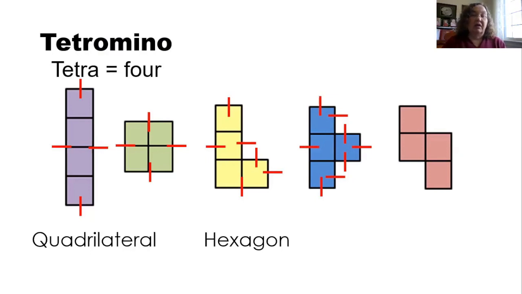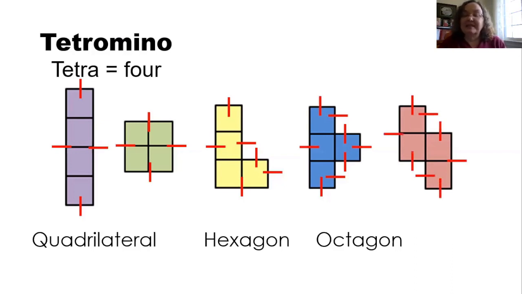Ooh, what did we call an 8-sided figure? We called it an octagon, reminding me of the octopus. This last figure, what do you think? How many do you think it has? Let's count. 1, 2, 3, 4, 5, 6, 7, 8. It has 8 sides. So it is also an octagon.